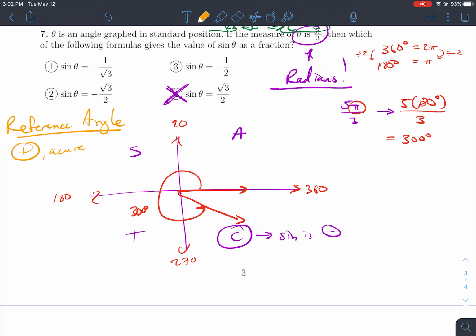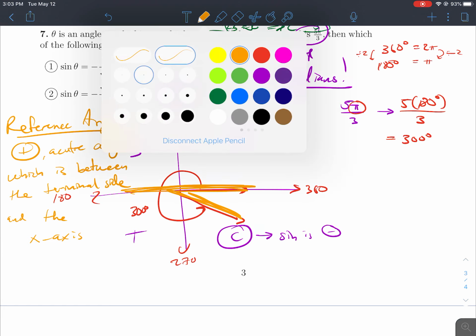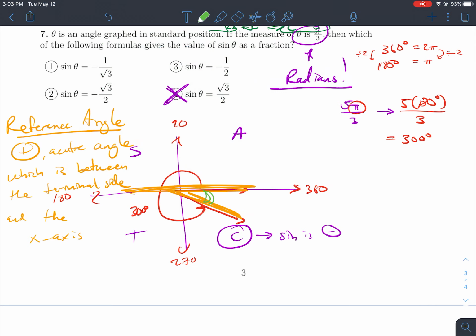Now the reference angle is always a positive acute angle between the terminal side, this guy, and the x-axis, this one here. All right, it's got to be acute, so that means it's got to be this little green angle right here, because that's the only one that fits this description, so that's alpha.